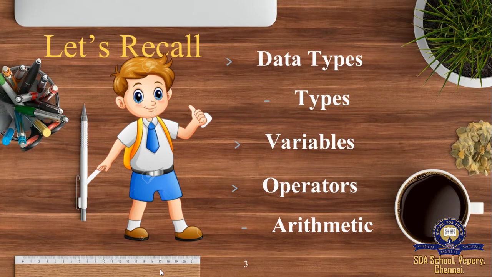Next one is operators. What are operators? They are symbols. The symbols in computer language we call operators. For example, addition plus, subtraction minus.